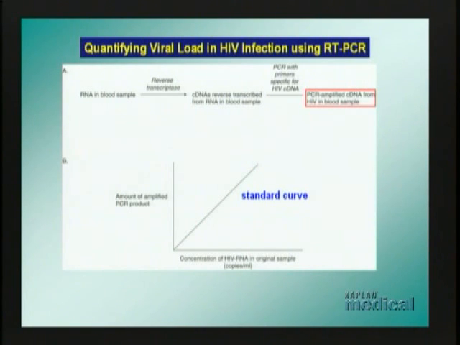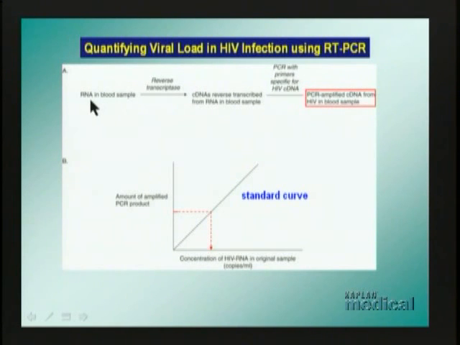So we take the PCR amplified cDNA, let's assume we have this amount, whatever that number is, let's assume it's 1 million copies, and then we go to the standard curve and then straight down. This will tell us the number of DNAs that were obtained from the RNA originally per unit volume. In this case, it would be per mL. So this is quantitating the number of viruses in the bloodstream by amplification using PCR.